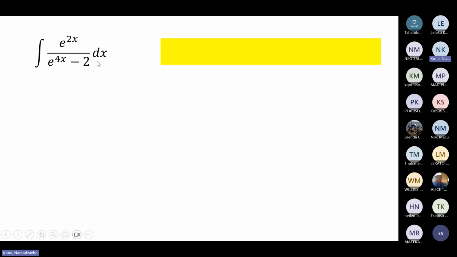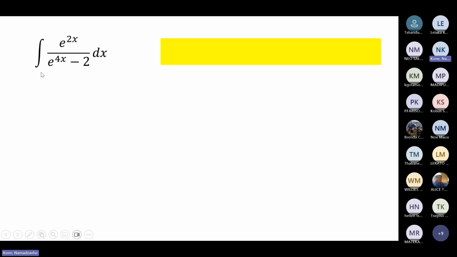But the problem here is that the derivative of what is at the bottom must always have an e to the power of 4x on top. But what we have on top is not what we have at the bottom. But then this e to the power of 4x can be written as this one, as it is, squared.